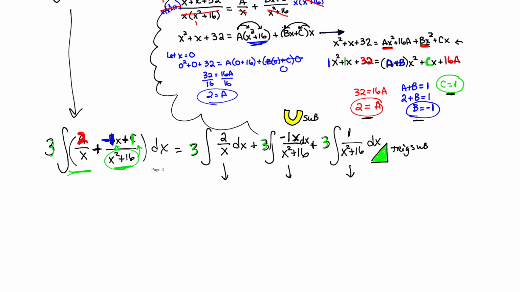This last one, because x squared plus a squared, you have 16, so a is 4, right? Did you get it, Reese? Did you get the arctan? Because the secant squareds cancel right out. You should get an arctan, because you got something with an arctan in it, right?